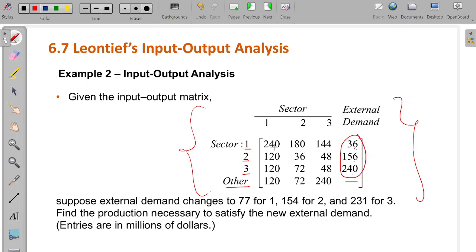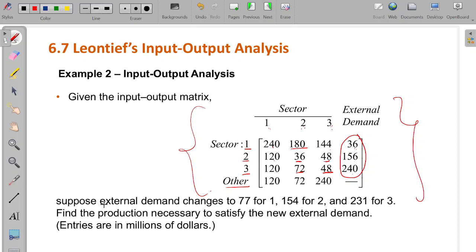Sector 1 serves as an output to itself, to sector 2, and to sector 3. Sector 2 also serves as an output to sector 1, to itself, and to sector 3. Sector 3 serves as output to sector 1, to sector 2, and to itself.